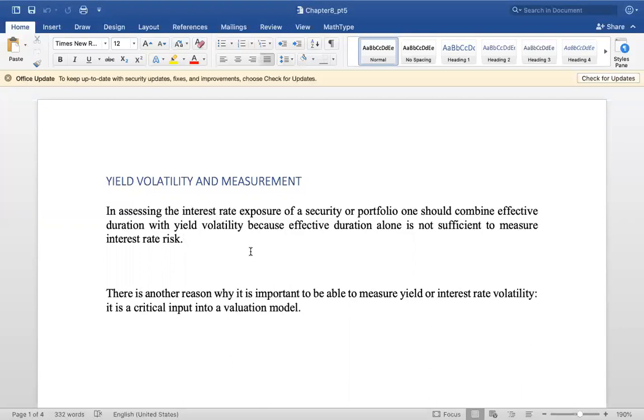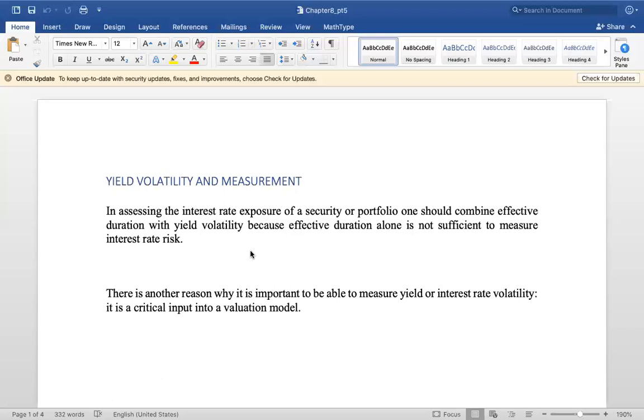Effective duration says that if interest rates change, a security's or portfolio's market value will change by an approximate percentage. However, the risk exposure of a portfolio to a rate change depends on how likely and how much interest rates may change, a parameter measured by yield volatility.